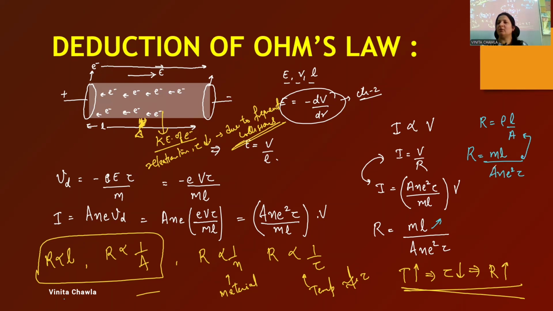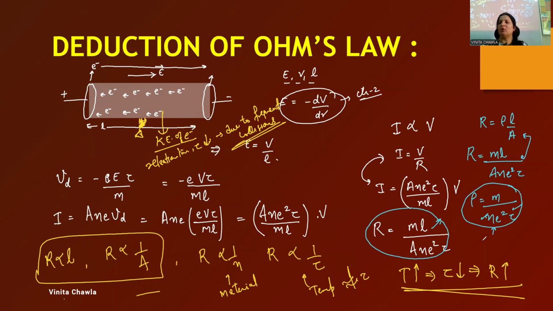L common, A common, it belongs to both. It's m upon n e square tau. Okay, so this is R and this is rho. And you will see that rho depends upon number density and relaxation time.